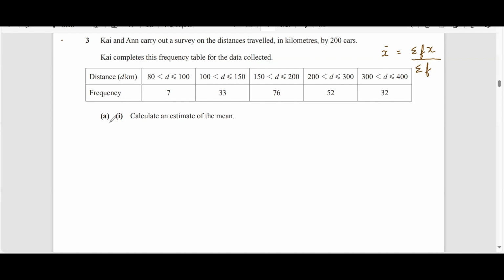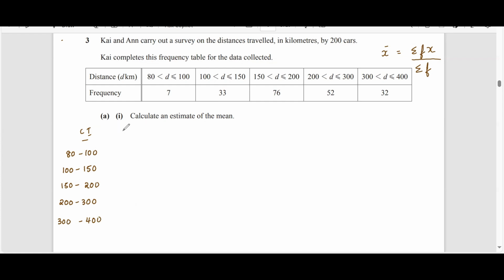So I always prefer a vertical column instead of a horizontal one, so I'm just going to draw a vertical table here. Class intervals are given here. The class intervals are 80 to 100, 100 to 150, 150 to 200, 200 to 300, and 300 to 400.